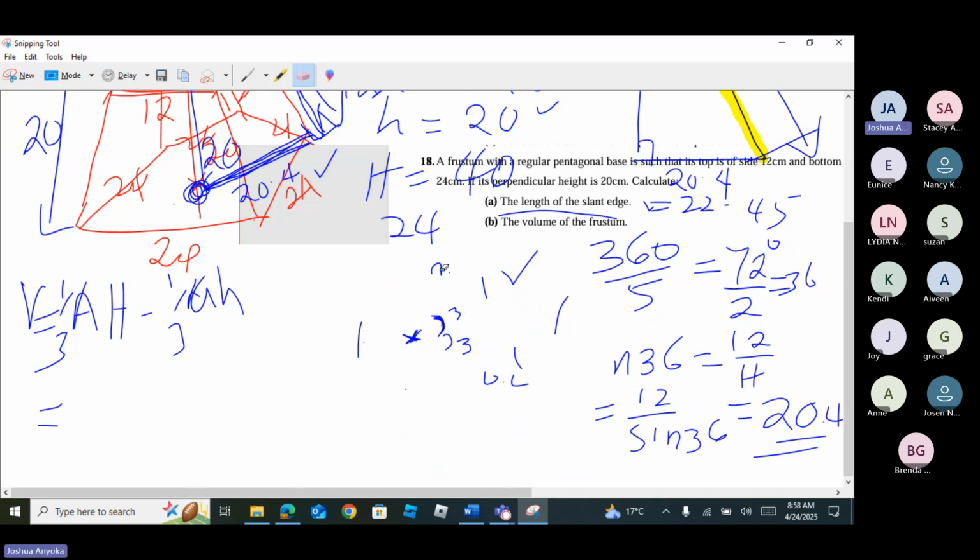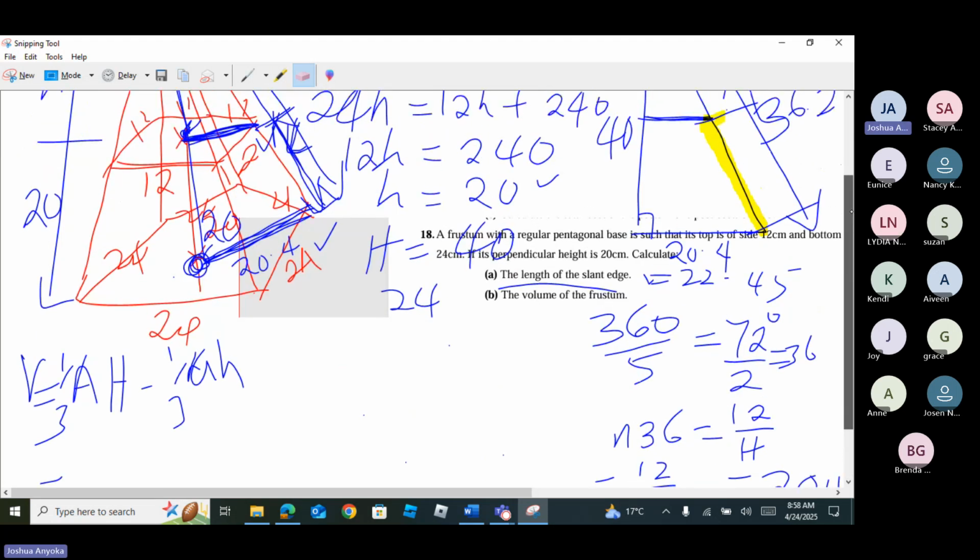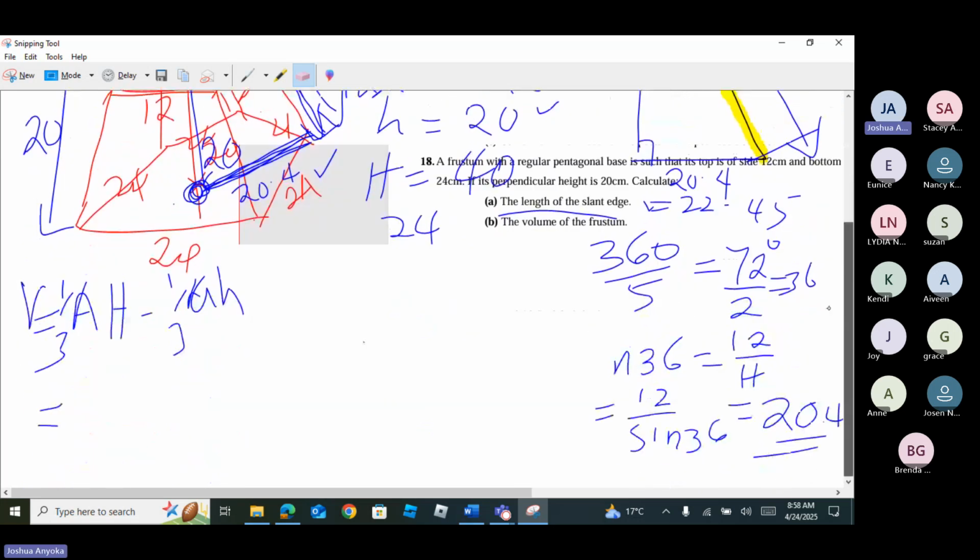we start with the complete pentagonal pyramid. The area of the base. How do you find the area of the base? Let's do the analysis.